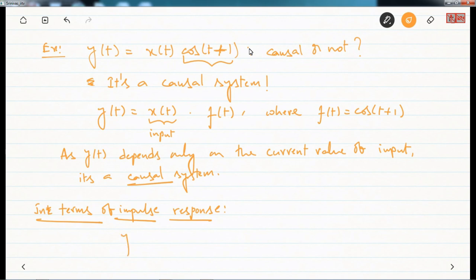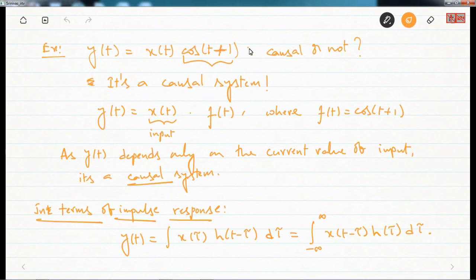So let's find out y of t equal to the integral of x of tau h of t minus tau d tau. Maybe for this purpose it's better to write this as the integral from minus infinity to plus infinity of x of t minus tau h of tau d tau. Right?